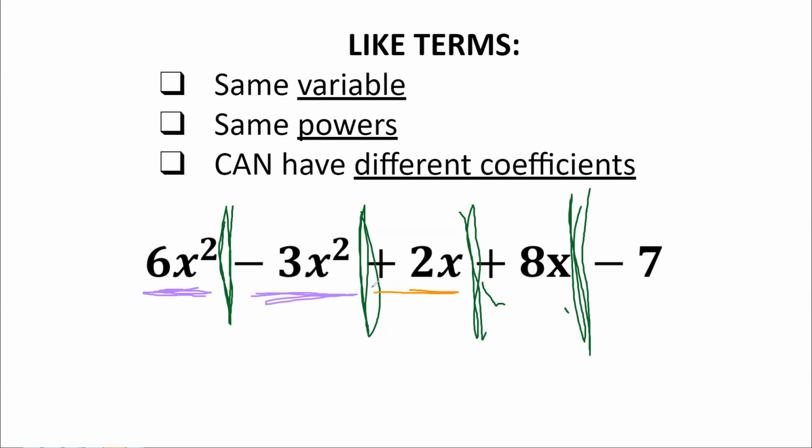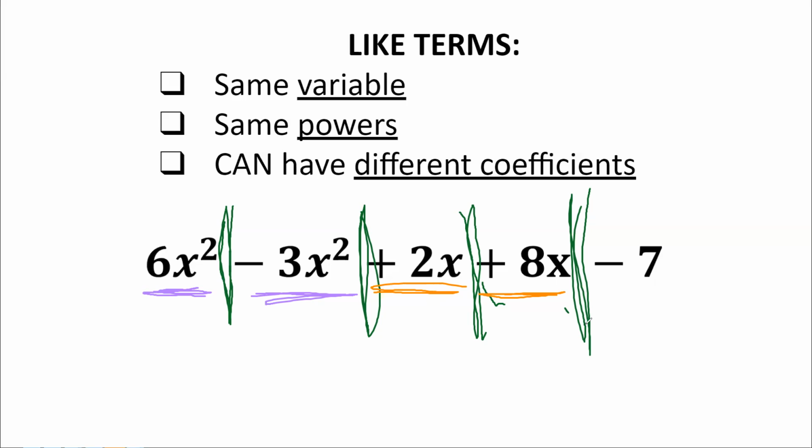Hopefully you noticed that we have an x and an x. So again, I don't care if it's a 2 or an 8. What I'm looking at is that variable and the powers. So remember the variables down here and the powers up there. So x squared. This is just x, and it doesn't have a power.